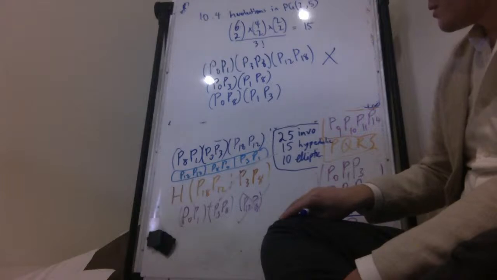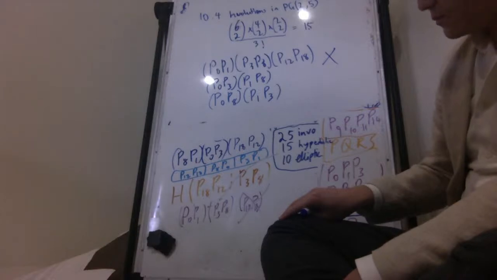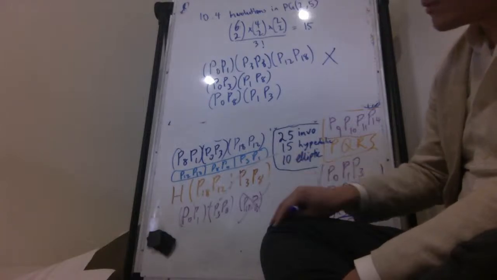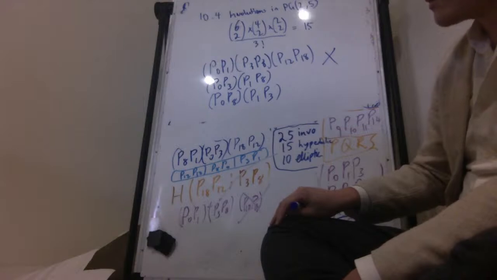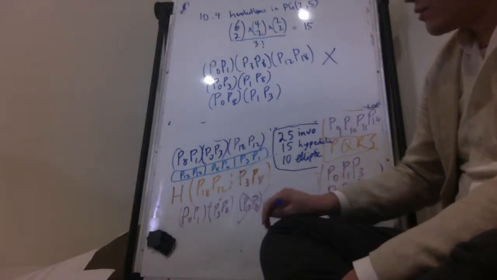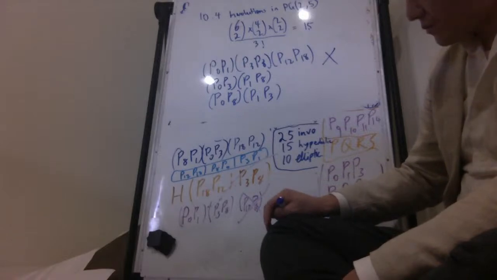If you have 2 points fixed in an involution, we know that's the same as having a harmonic set. So the fact that any 2 points can be fixed in an involution is equivalent to saying any 2 points can be the 2 diagonal points of the harmonic set.